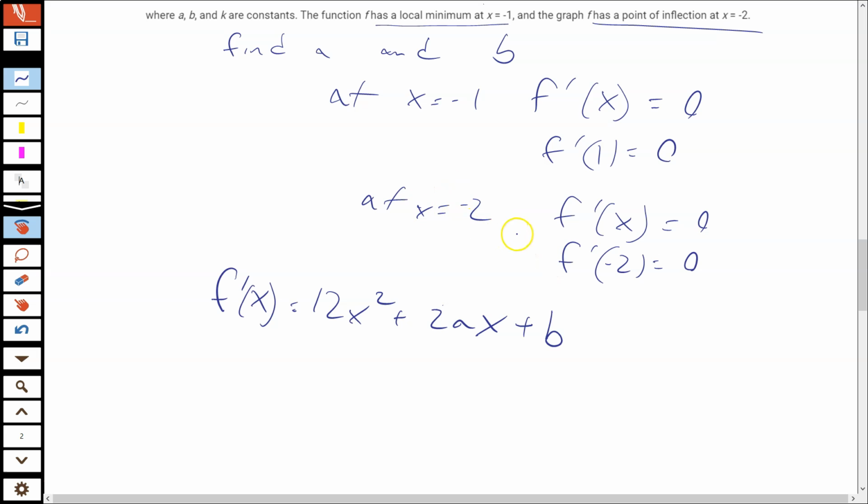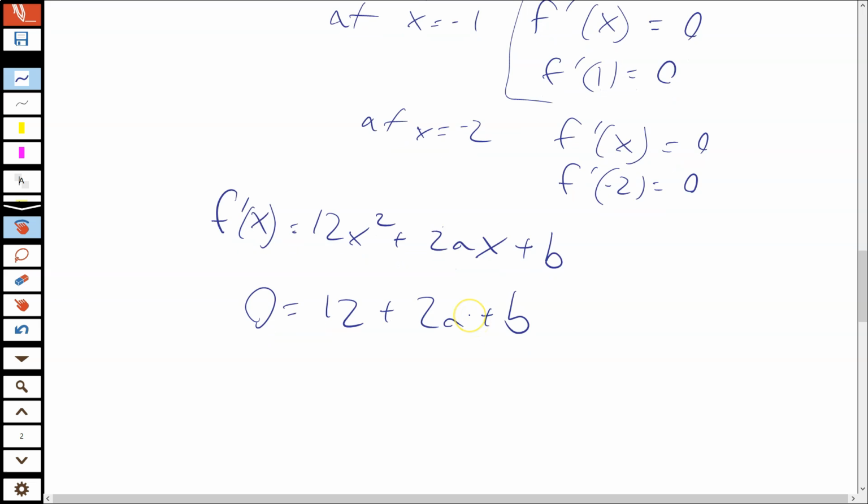Okay. Now, we know this to start. f prime of 1 equals 0. So 0 equals, let's see, 12 plus 2a plus b. Okay. Seems like that's all we can do here, right? Plugged it in.